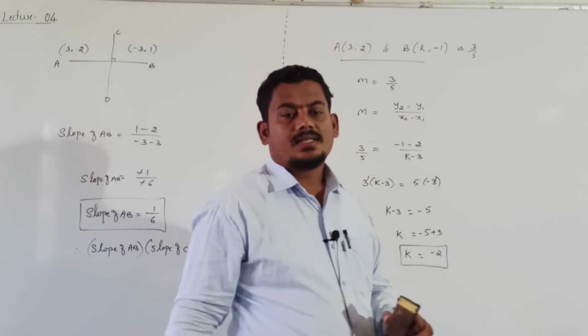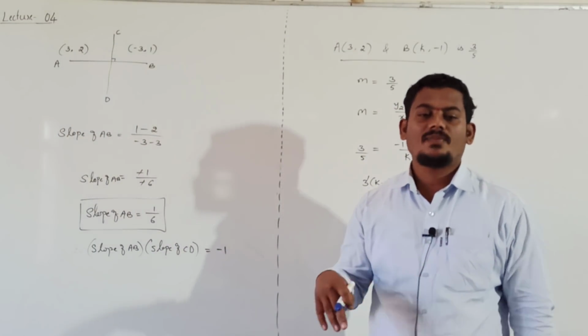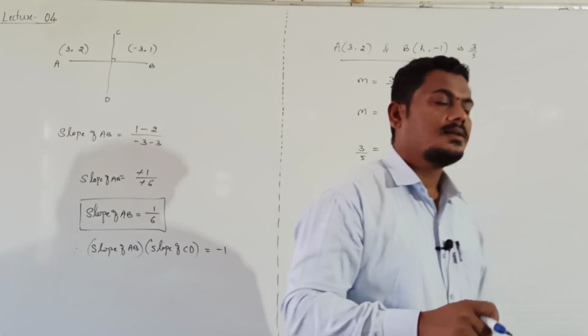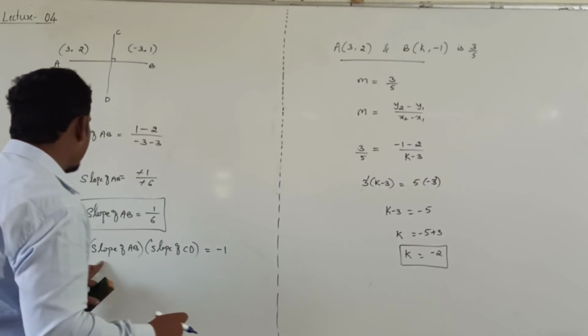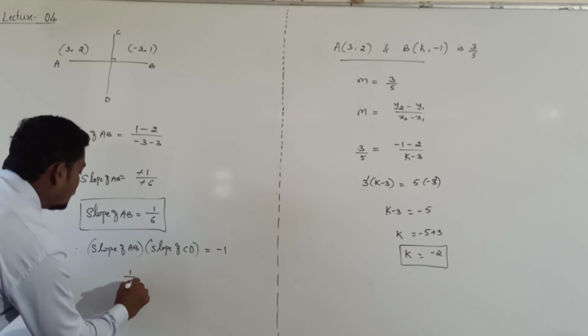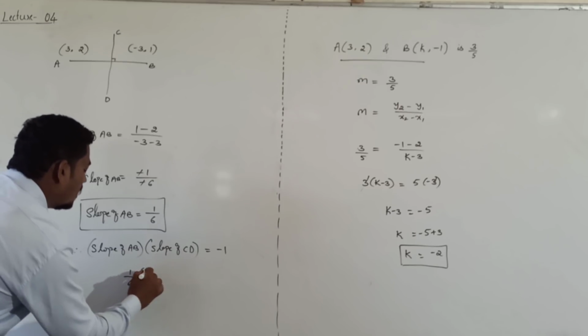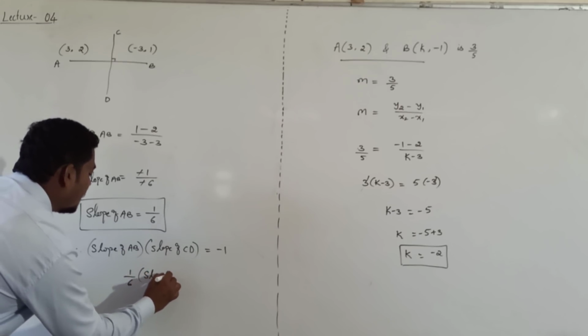We have the result. Already we have slope of AB, that is 1 by 6, into this unknown, the slope of CD, which is our required.